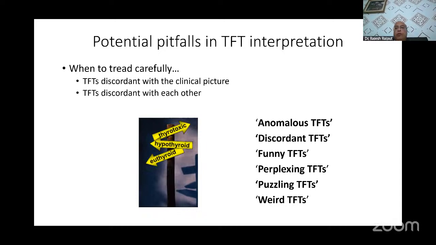Now, as I have told you, there are many pitfalls in the diagnosis of thyroid function tests. As you see in this picture, a number of names are given when thyroid function is discordant with the clinical picture of the patient, or the TFTs are discordant with each other, which means T3 is moving in one direction and T4 in another direction. A number of names are given in the literature, which include anomalous TFT, discordant TFT, funny TFT, and so on.